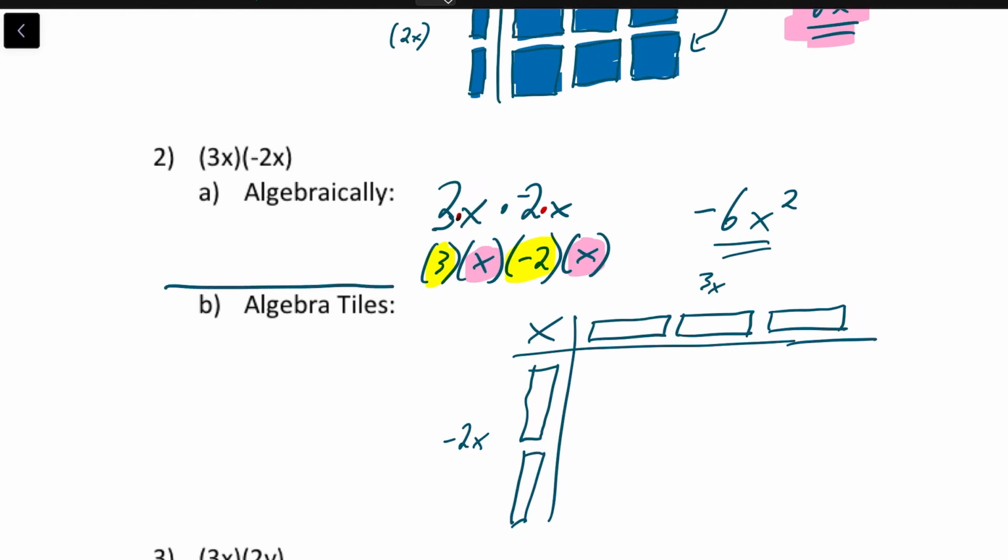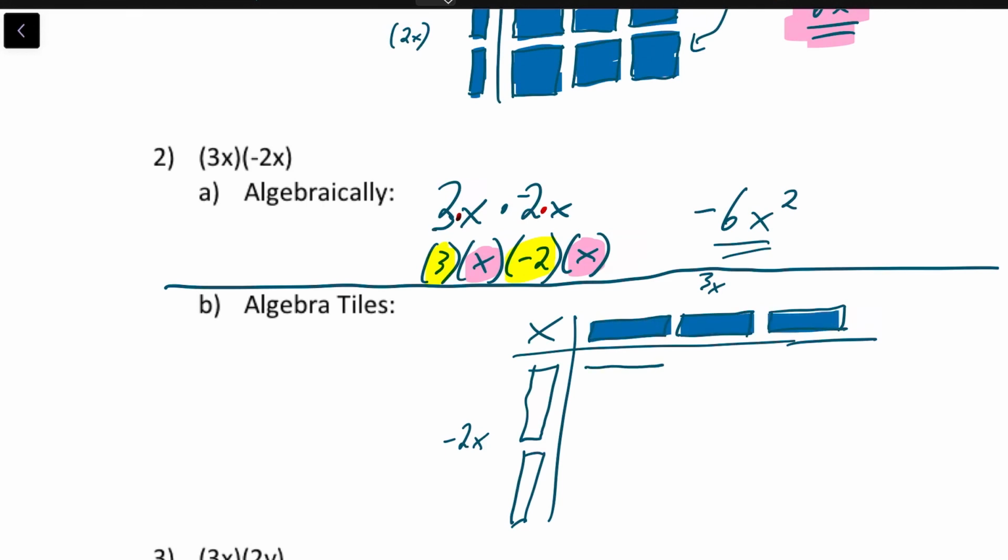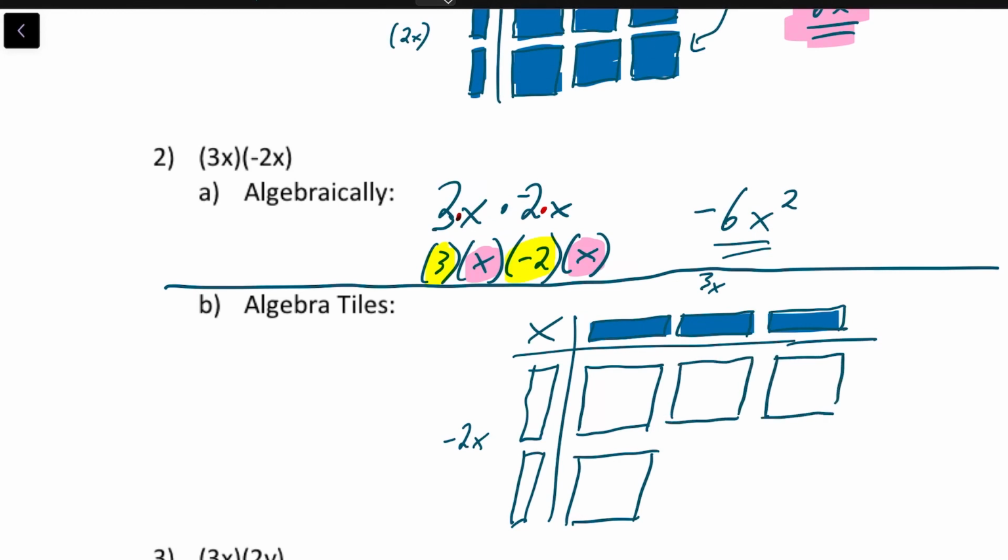This is a separate way of doing it in the same question. These are positive 3x, so they have to be shaded. All right, again, width of the top piece, length of the side piece, complete your square or your shape, and you end up with 6 large square tiles.